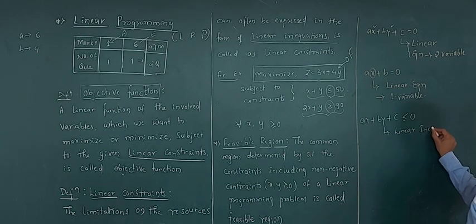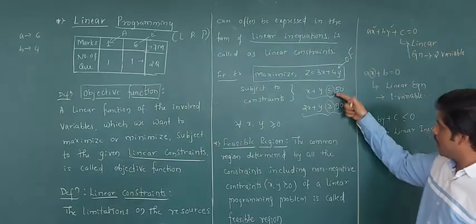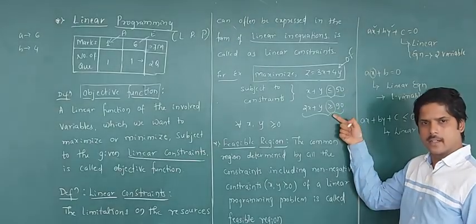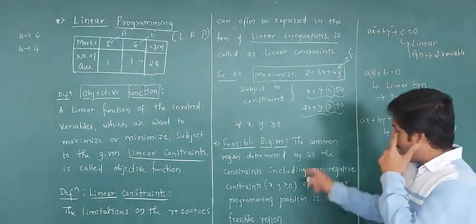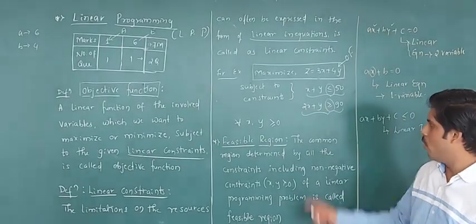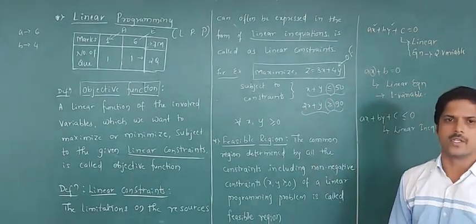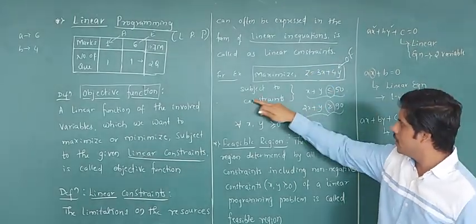These two are linear inequations because the powers of the variables x and y are 1. Here z is called the objective function and these are called constraints.